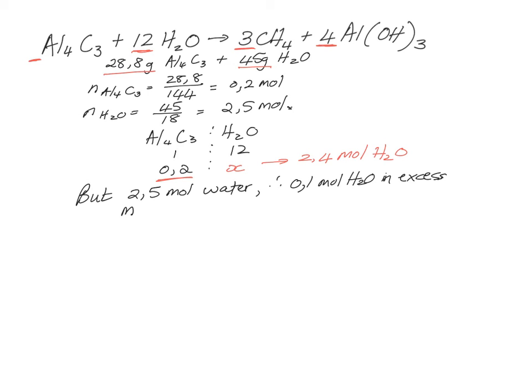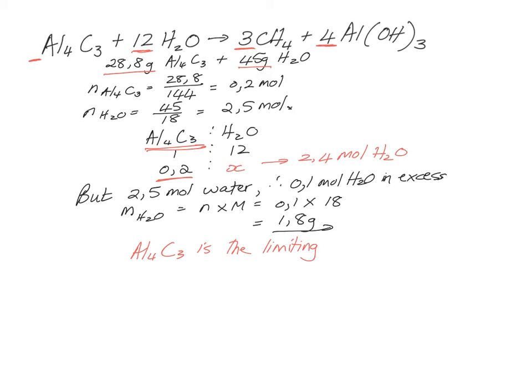So the mass of water that is in excess is the number of moles times the molar mass, 0,1 times by 18, and you get 1,8 grams of water in excess. So the limiting reagent is the aluminium carbide, and it will obviously run out first.